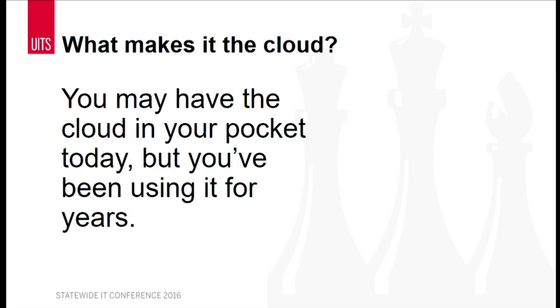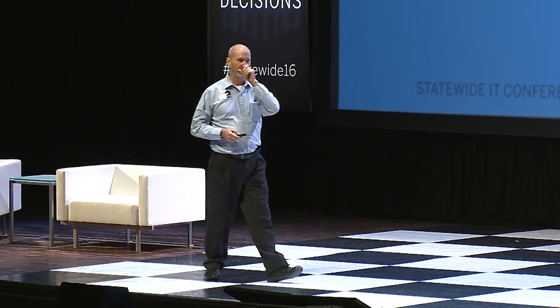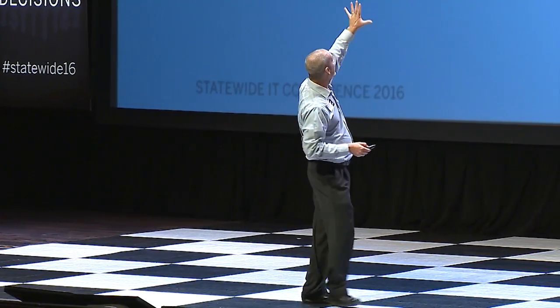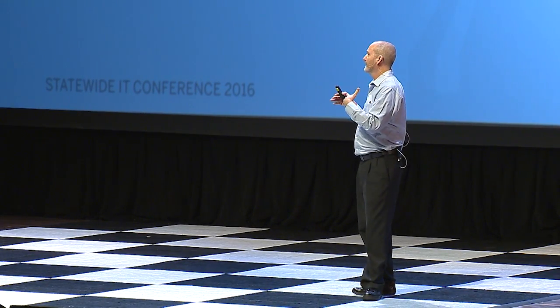All right, so there's a picture of somebody holding a smartphone. So imagine that, and you have been using cloud technology for a long time with your smartphone. Obviously they are powerful computers, but not all of that computing is happening there. Image here of lots of computers. So basically, what makes it the cloud is leveraging computing at scale.